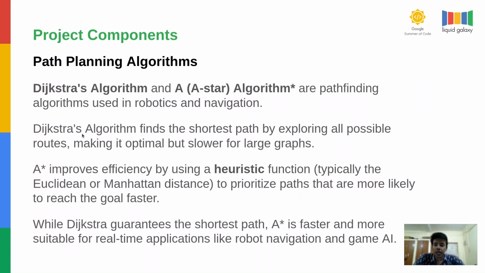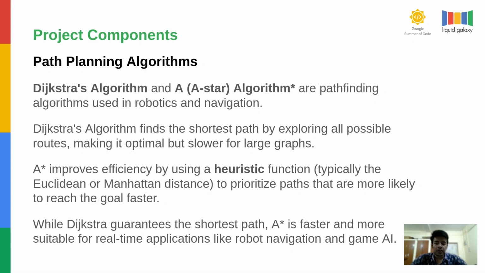The Dijkstra algorithm finds the shortest path always by exploring all possible routes. It somehow explores all possible grids before going to a particular grid. So it will explore the shortest path, but A star improves the speed by using a heuristic function to prioritize paths. What does this mean?